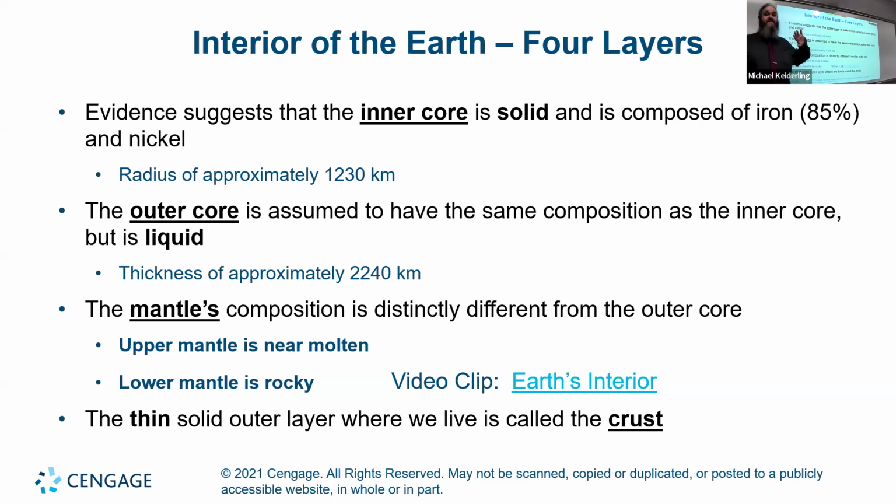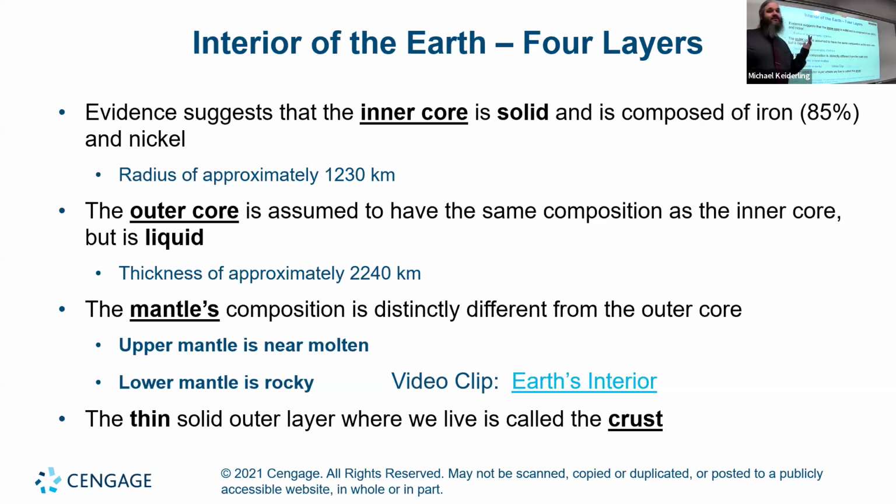And the mantle's composition is distinctly different from the outer core. Instead of being liquid metal, it's more solid rock. But it's rocky, and it's made of, as far as we can tell, denser, more iron-rich minerals, but still made of rock.